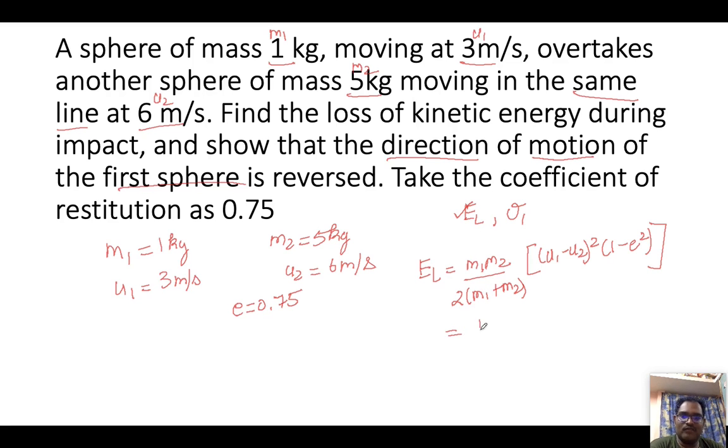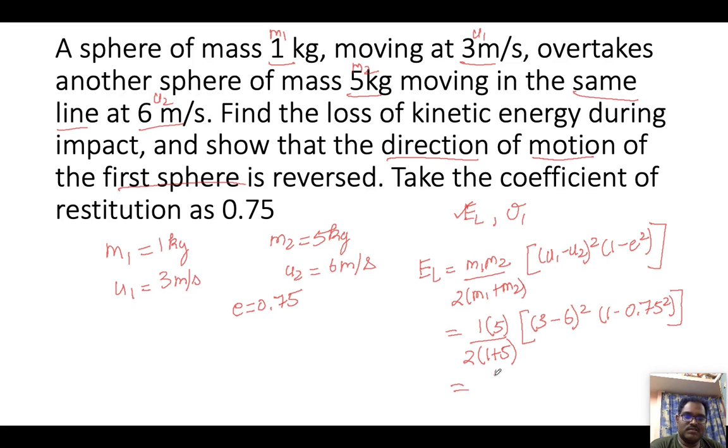If you substitute the values, you will find the answer. m1 is 1, m2 is 5, divided by 2 into 1 plus 5, into u1 is 3 and u2 is 6, into 1 minus 0.75 square.